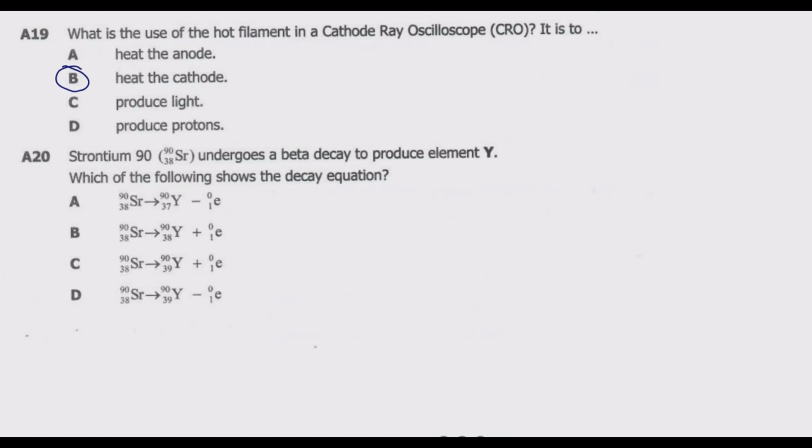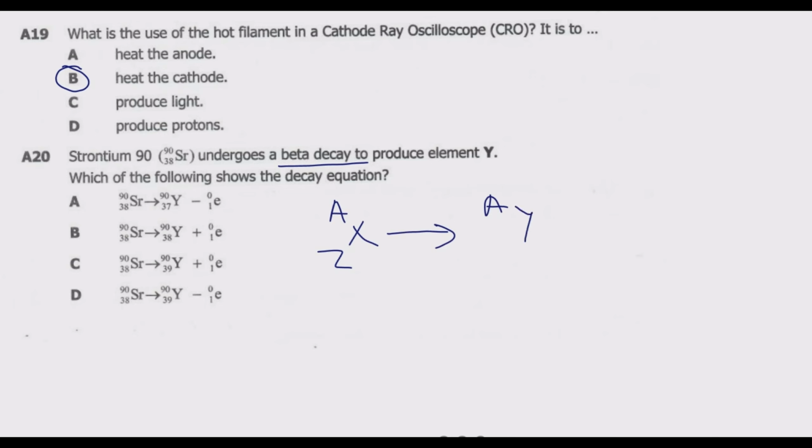Move to question 20. Strontium 90 undergoes a beta decay to produce element Y. Which of the following shows the decay equation? So this is a beta decay, so we need to show the decay equation. The standard decay equation is we have mass number A, element X, atomic number Z, which decays so the mass number A remains the same.